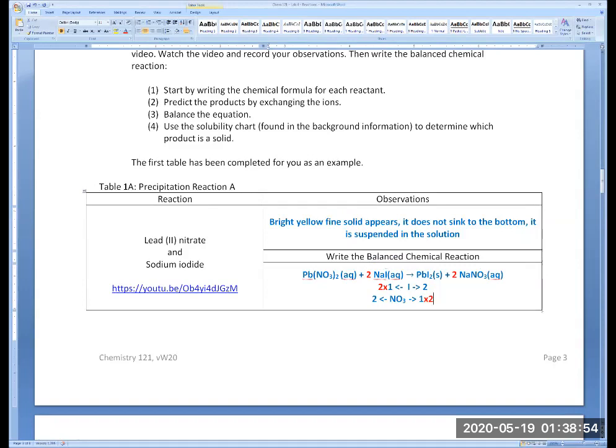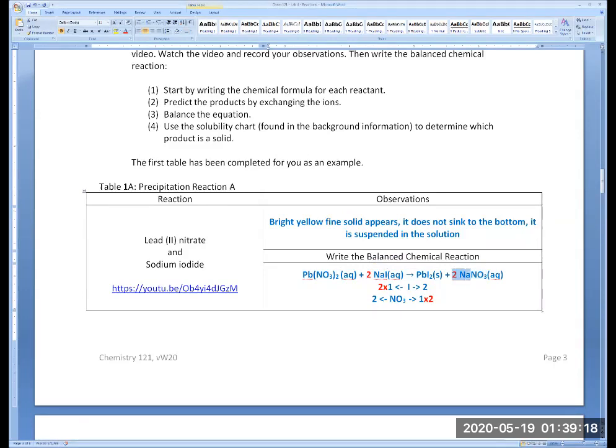And now if we recount everything, we still have 1 Pb on the left, 1 Pb on the right, 2 NO3 on the left, 2 NO3 on the right. And see, now we have 2 Na on the left and 2 Na on the right.